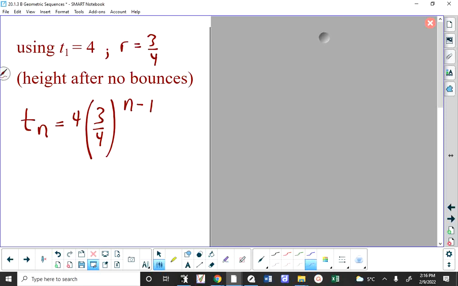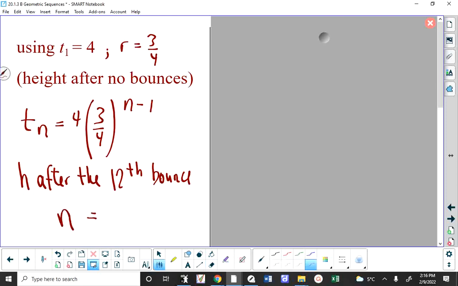That would be my general formula. But if I want to find the height after the 12th, is it the 12th bounce? Was that the question? Bounce. The question is, what should I use for n?